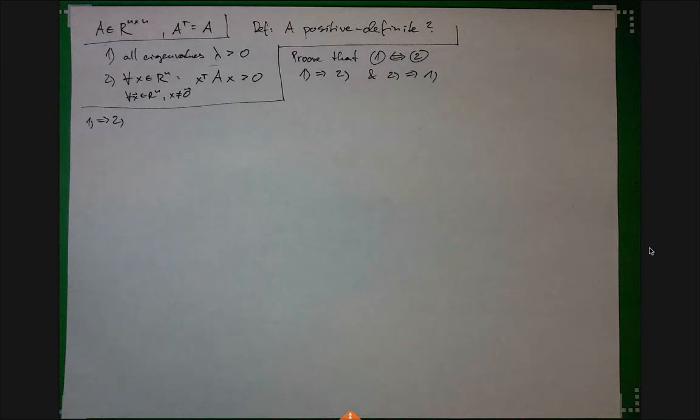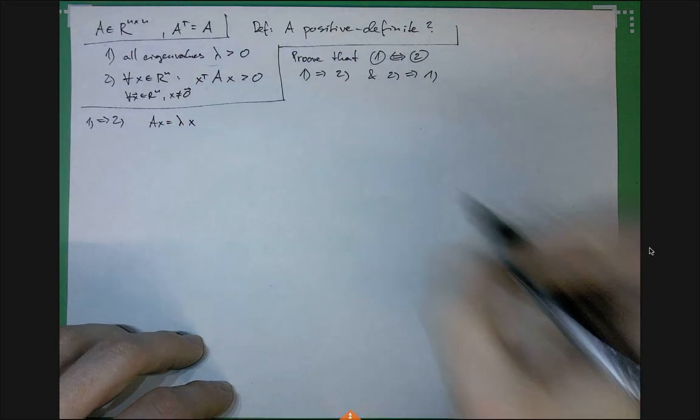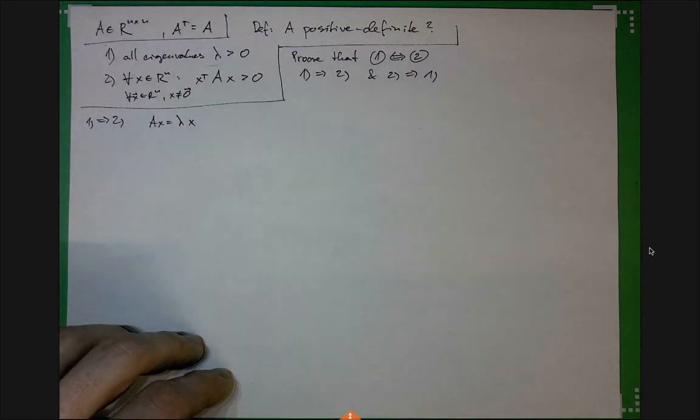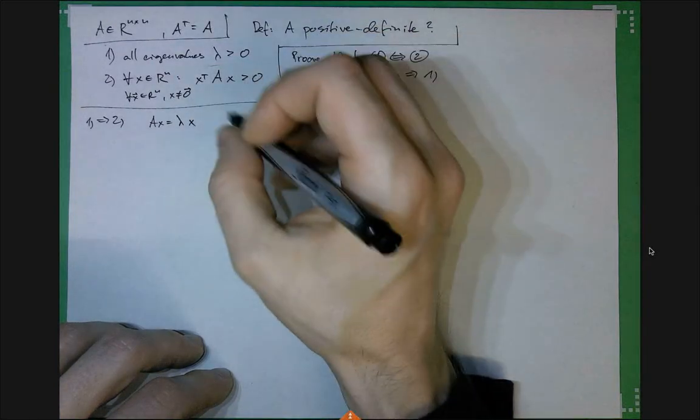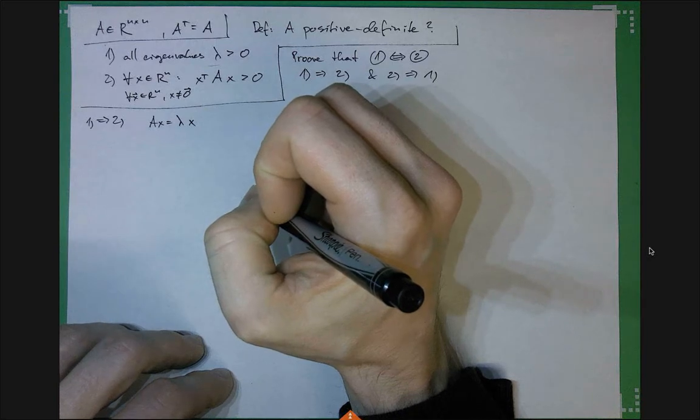So you can just derive it from the definition of eigenvalues and eigenvectors. You have Ax equals lambda x. And because the matrix is symmetric, you can multiply both sides of the equation by x transpose. That's correct.